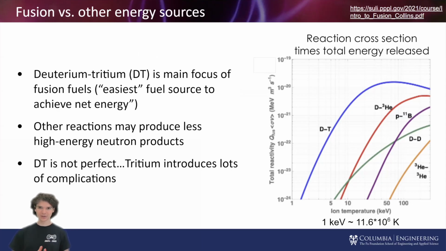Why do we need deuterium and tritium? Let's take a look at the peak of this deuterium and tritium curve. Say that's where we want to be, maybe 20 or 30-ish keV. If we want the same amount of reactivity, or the same amount of fusion to happen but use a different fuel, on this plot we can't even achieve the same amount.